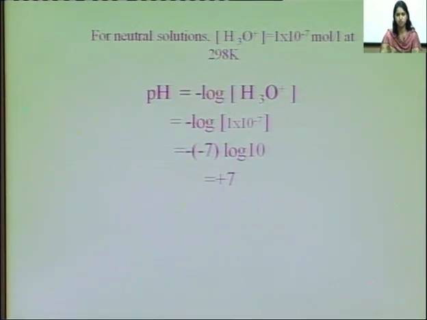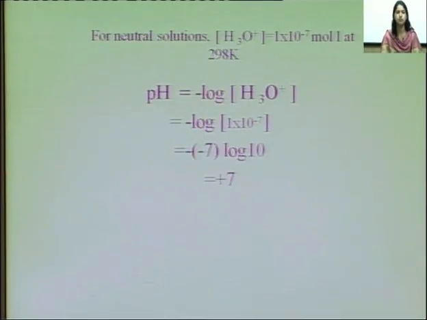For a neutral solution, as I have already derived, the hydronium ion concentration is equal to 1 into 10 raised to power minus 7 mole per liter at 298 Kelvin. So, let us calculate the pH value for this concentration.